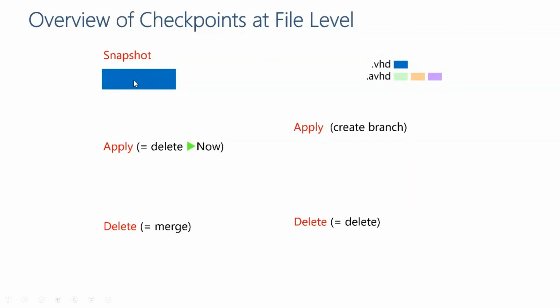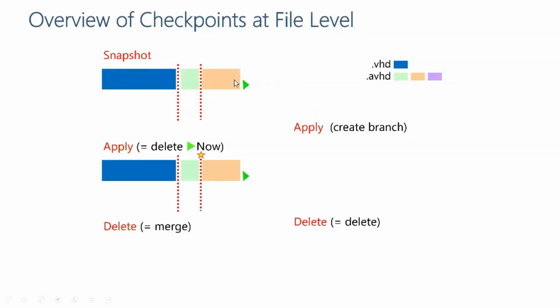But you have a VHD. We take a snapshot or checkpoint. Any more changes are written to a new file, but the original file is static, not changed. We take another snapshot, a new file is created again, and any changes are applied there, and these two are locked in place.